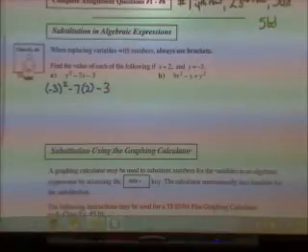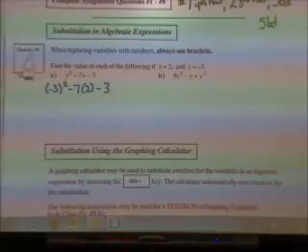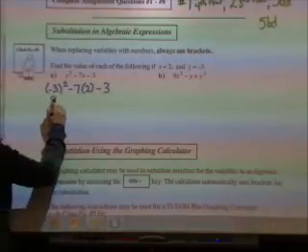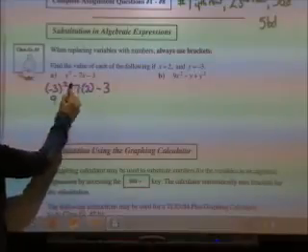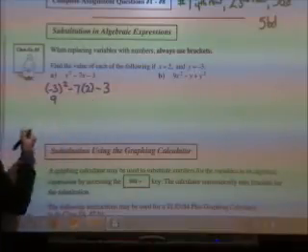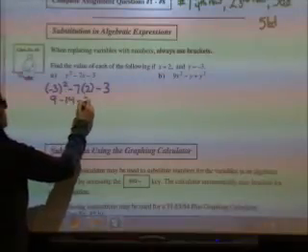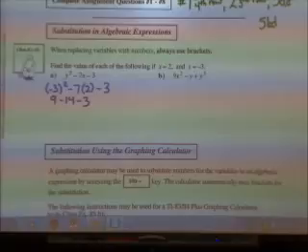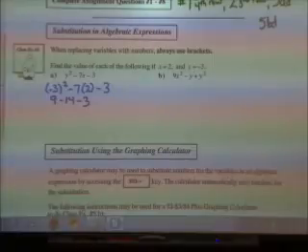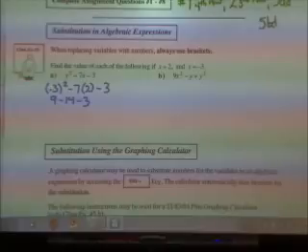So what is -3 squared? +9. And then treat this as a -7 times 2. So I have 9 minus 14 minus 3, which would equal -8.